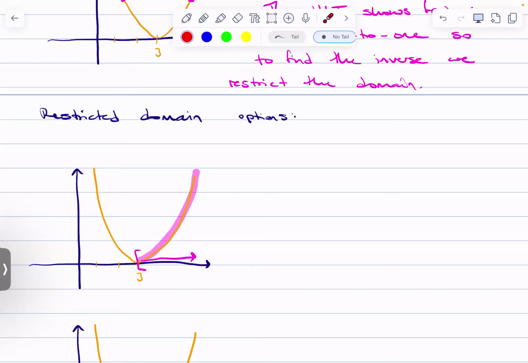I do want to include 3, because that's the lowest point of my parabola. And so if I include 3, it just makes for a nice clean start. And so here, the domain using interval notation can be from 3 to infinity.